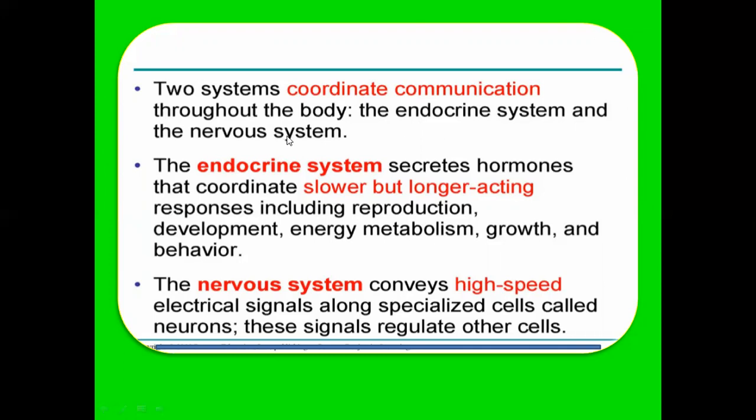Animals have both types of coordination: endocrine coordination, meaning chemical coordination, and also nervous coordination. Is it clear? This is about plants and animals.